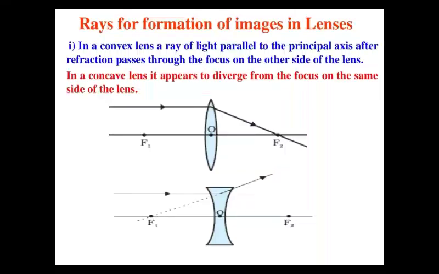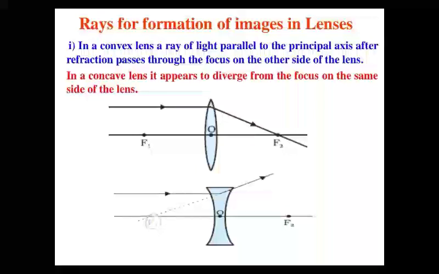In case of a concave lens, this is the concave lens, this is the principal axis, and this ray of light is going parallel to the principal axis. In a concave lens, it appears to diverge from the focus on the same side of the lens. Actually, the ray of light diverges from this lens, but when we trace it back, it seems that this ray of light is coming from the focus of the lens, and its focus is on the same side.